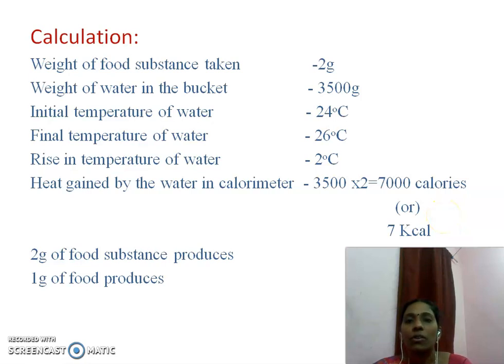Already I have told you the unit of energy is kilocalories. So 7,000 calories divided by 1000 will give you kilocalories. So 7,000 calories are 7 kilocalories. Now you can see 2 grams of the food substance produce 7 kilocalories. Therefore, 1 gram of the food produces 3.5 kilocalories.